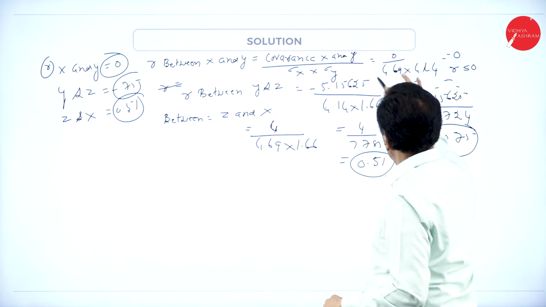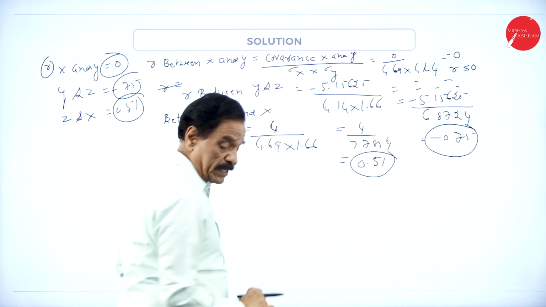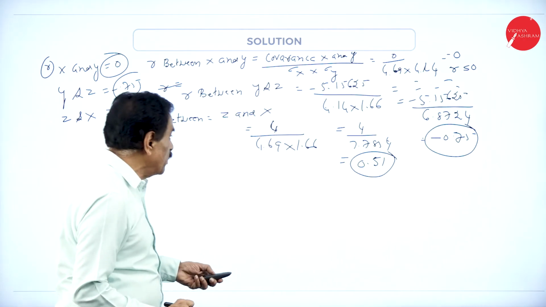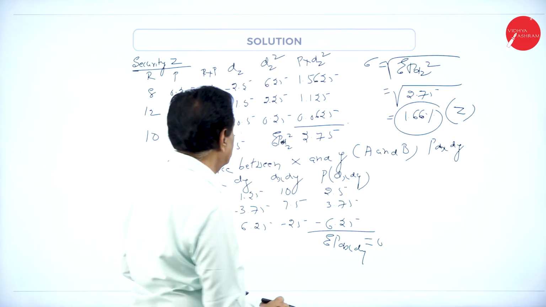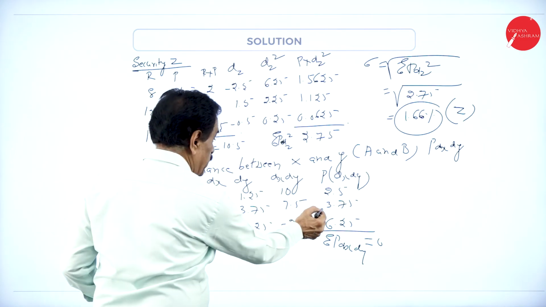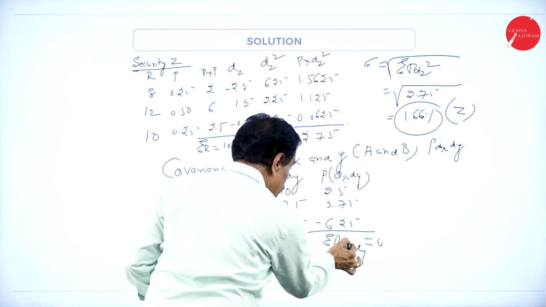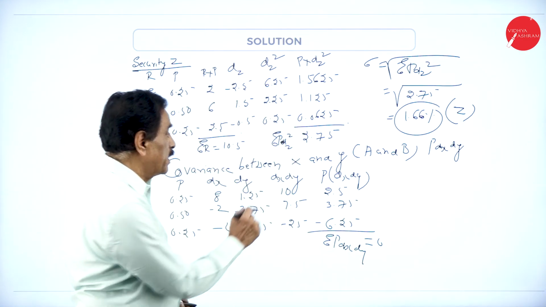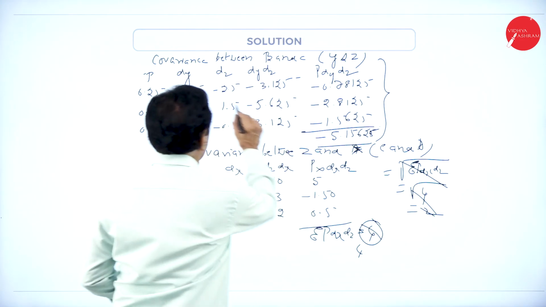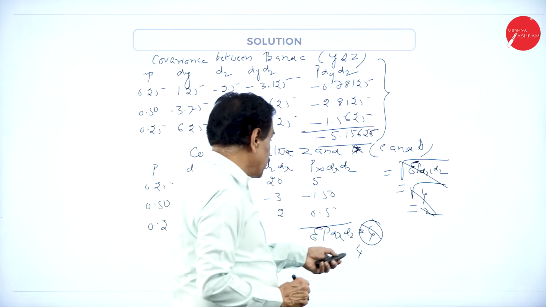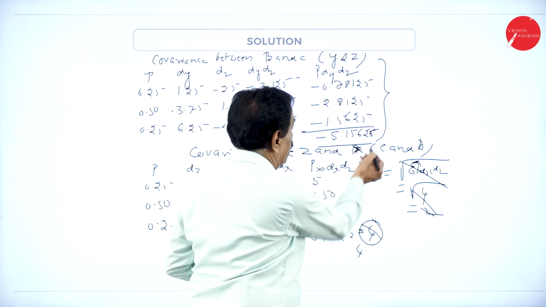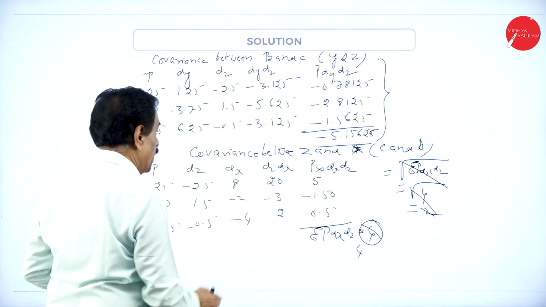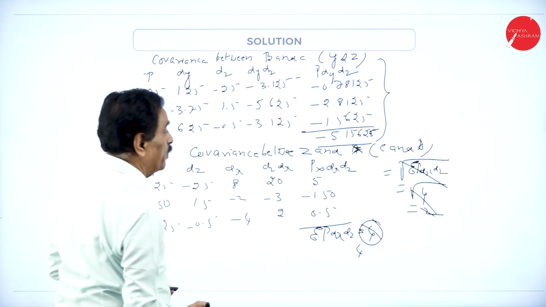First one is 0, covariance is 0, X and Y. See how we have worked out. A covariance between, so this is 6.25, 6.25 becomes 0. So between A and B, that is dx and dy, becomes 0. Then between B and C we have got minus 5.15625. And between Z and Z, Z is 4 is there.